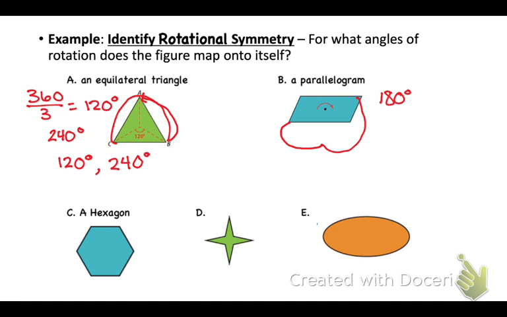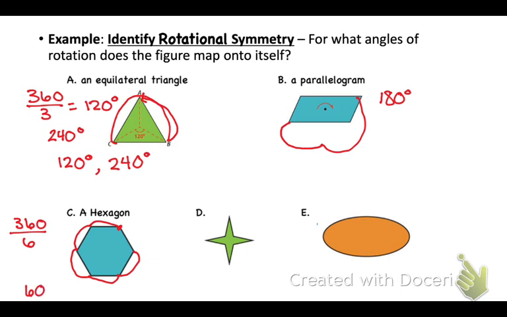Okay, so I have a hexagon and I'm moving this point right here. I can move it once, twice, 3 times, 4 times, 5 times. How many vertices do I have on this? 6. So 360 divided by 6 is what? 60.